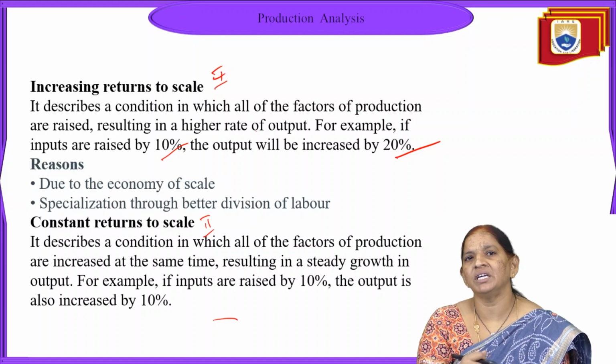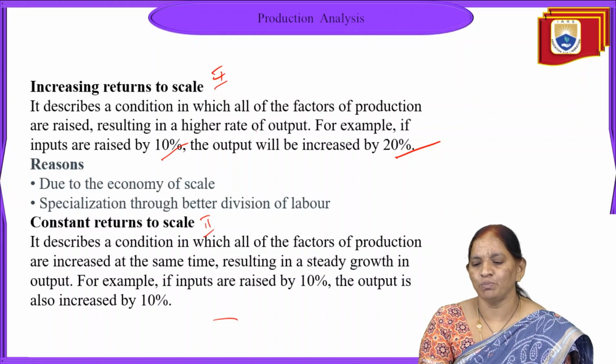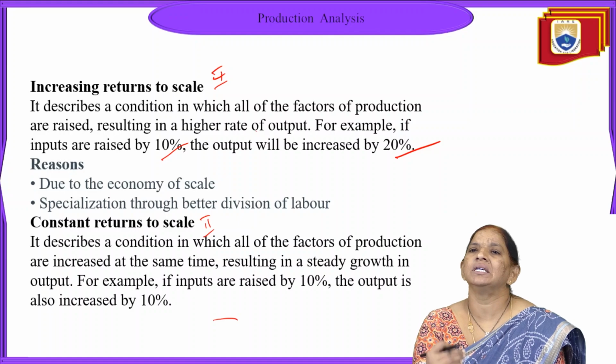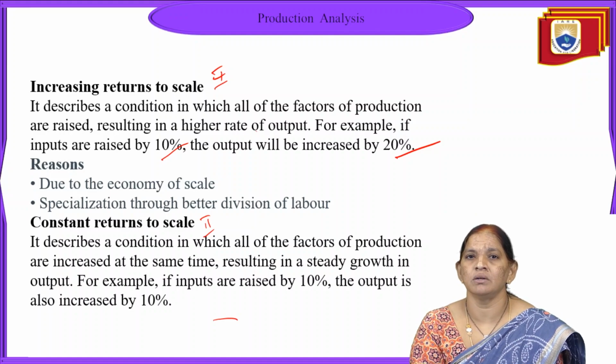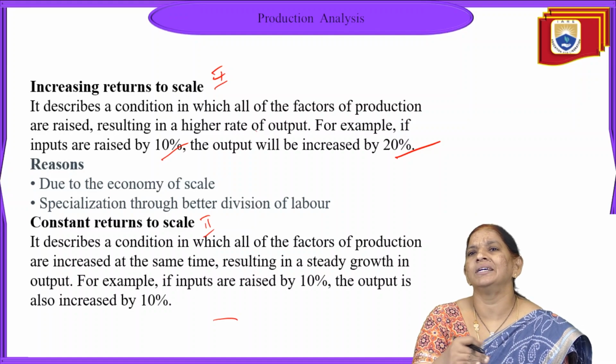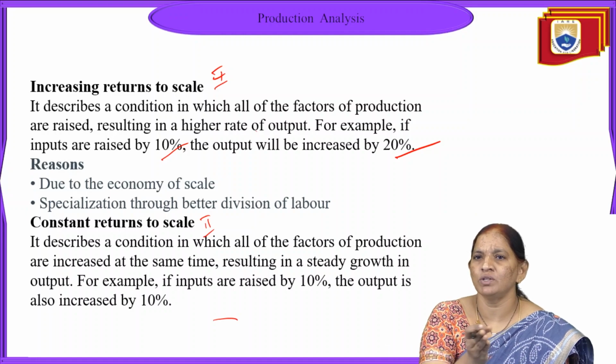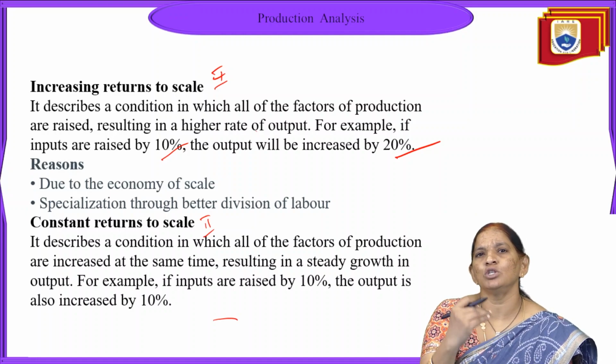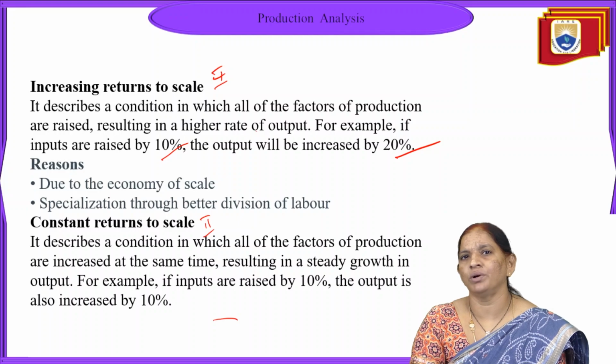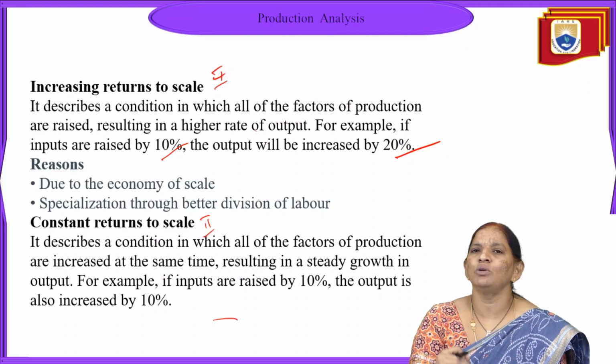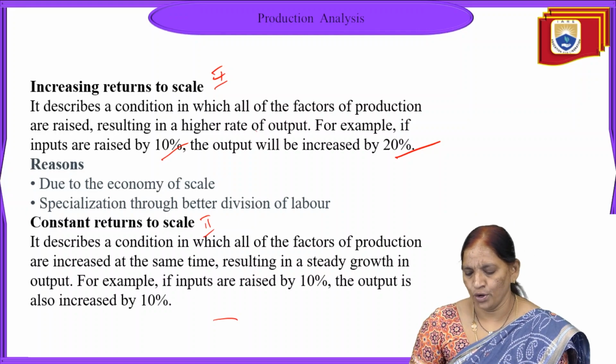For example, if inputs rise by 10%, then output will increase by another 10%. It will not go more than the increase. Last time it increased 10%; this time also, by taking advantage of internal advantages, production increases by 10%.